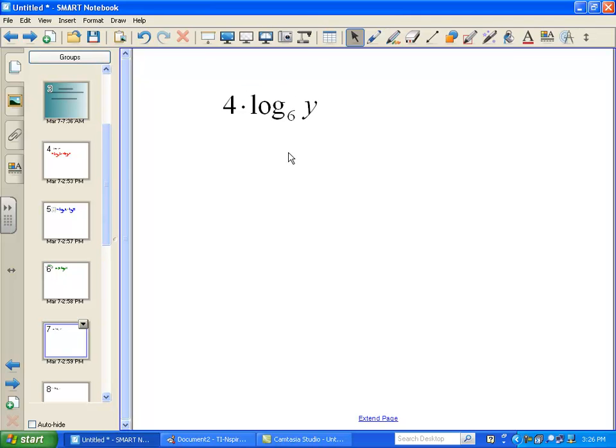This is where the learning target says we're going to condense log expressions. On this one, I'd have you condense this. When we condense it, we make it more simple, like we go back to its simple state. In this problem, we would just bring the 4 back to log base 6 of y to the 4th.